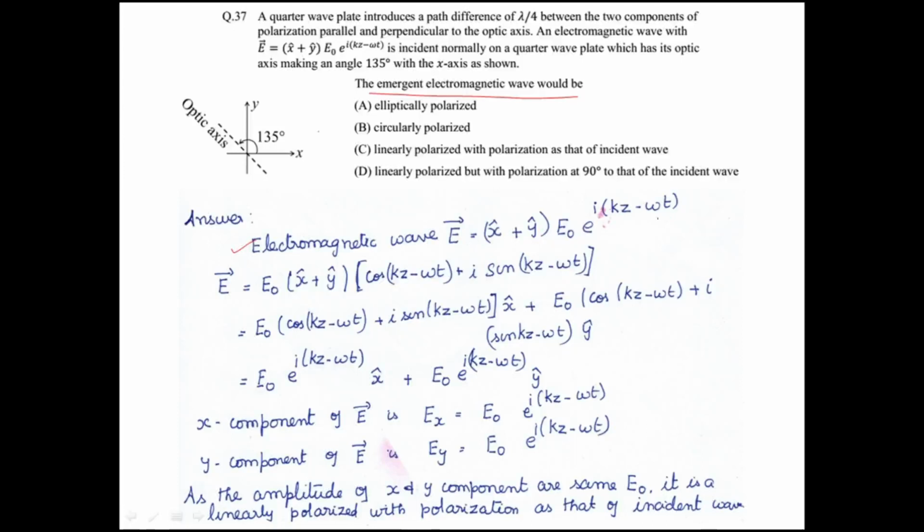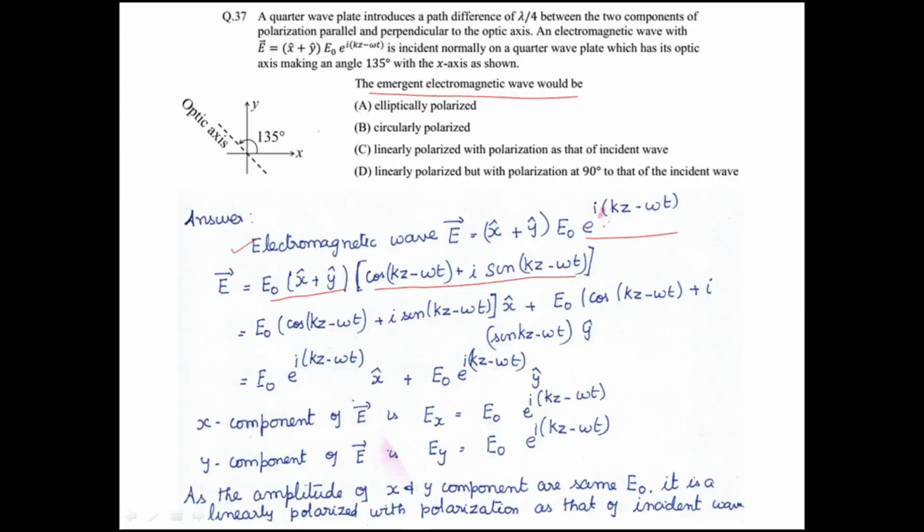This exponential term can be written in terms of sine and cosine, that is cos(kz minus omega t) plus i sin(kz minus omega t). Now multiply the E naught and x cap plus y cap inside. You will get E naught e power i(kz minus omega t) x cap plus E naught e power i(kz minus omega t) y cap.